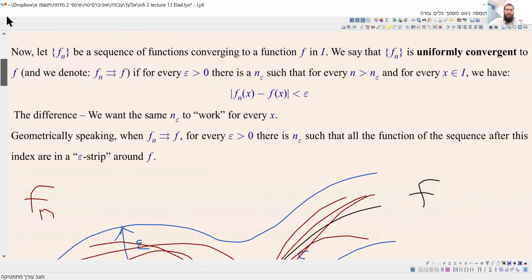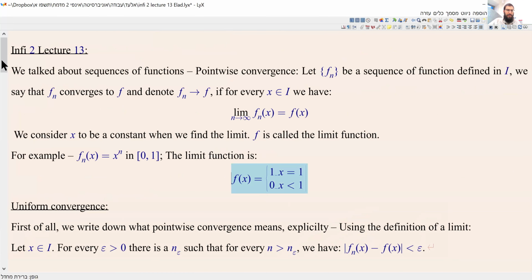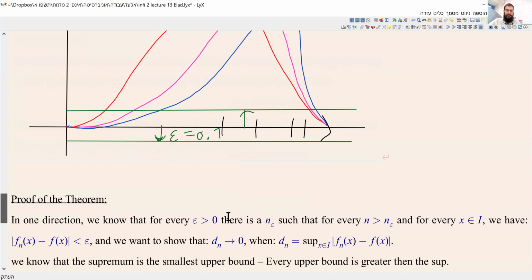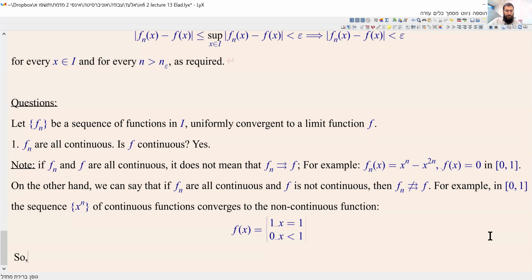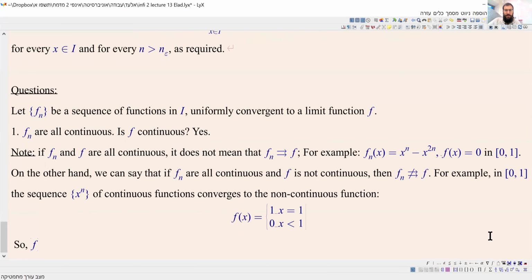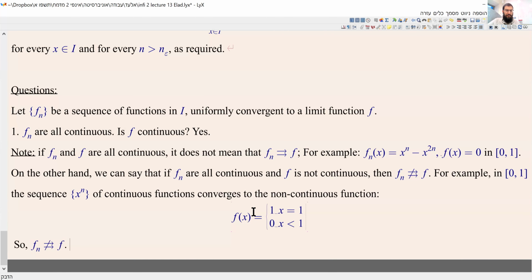I'll write it down at the beginning of the lectures. Copy it from there. So Fn here isn't uniformly convergent to f because they are all continuous, but f is not. So this is our first question. Why is the main answer true? Why is the limit continuous?